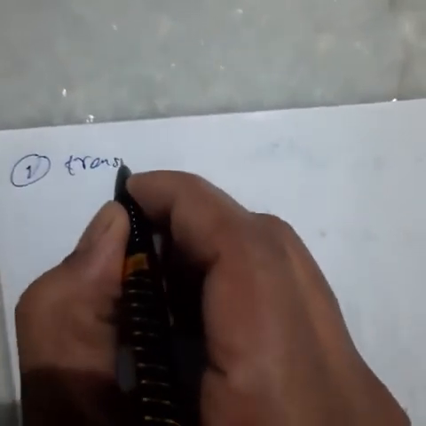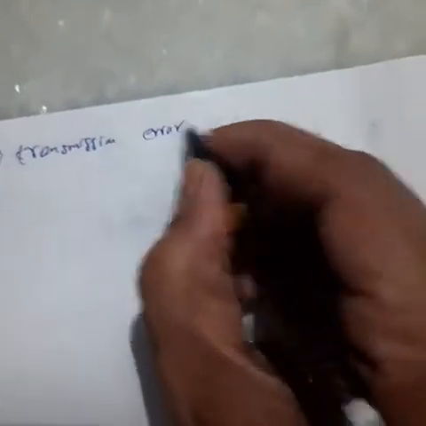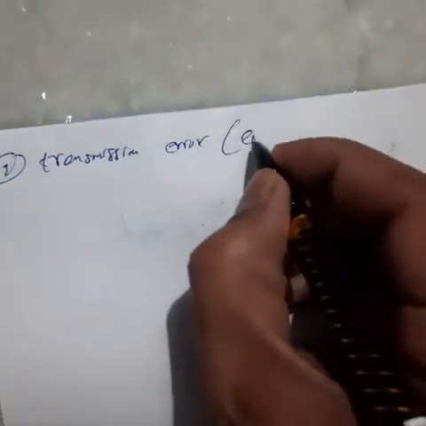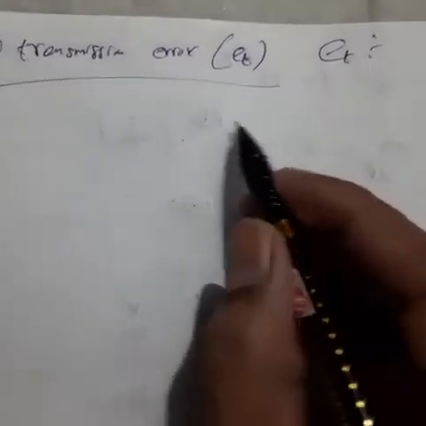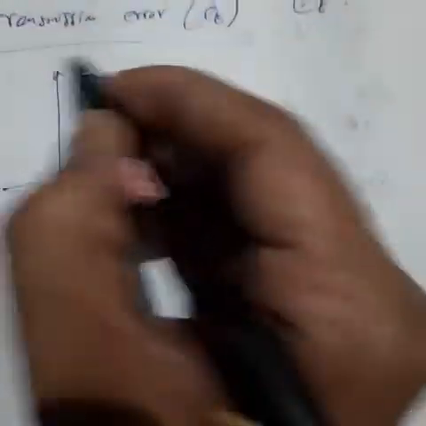Next, the second error: transmission error, Et. This is the waveform, with a ramp.